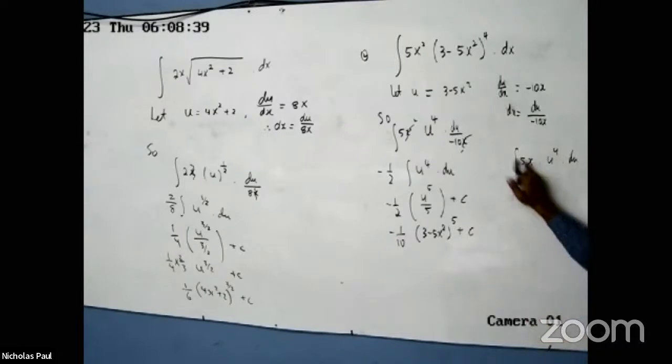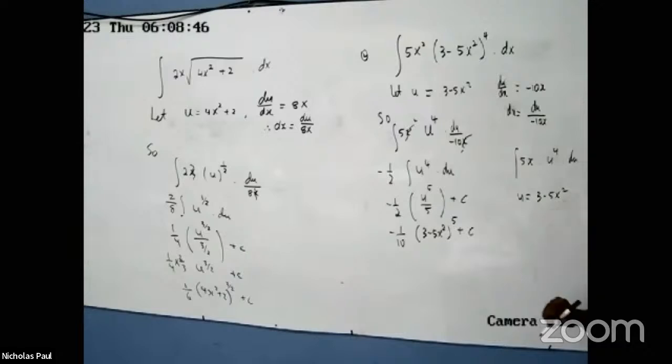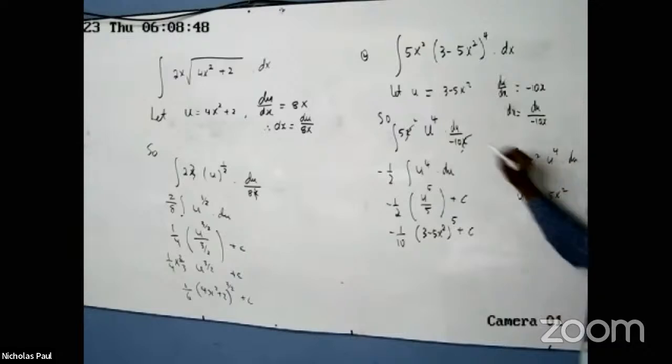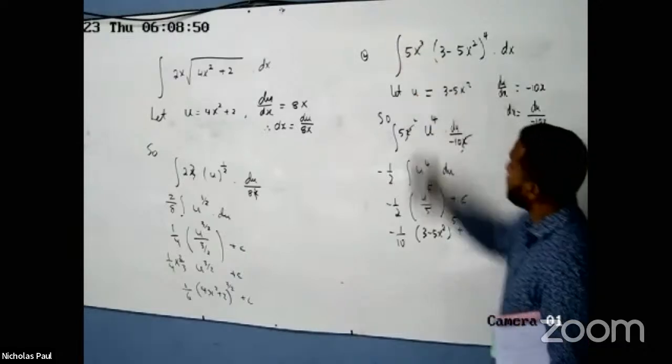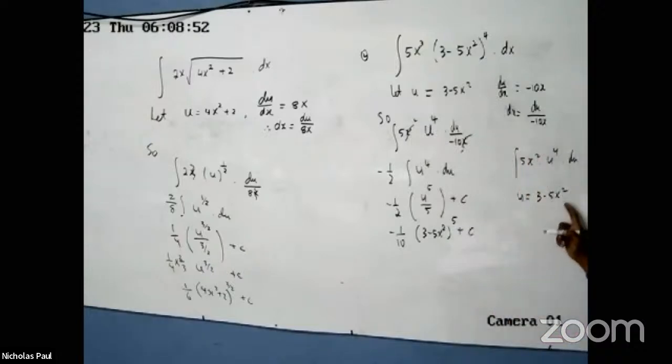So what you just do is come back here and make x squared the subject of the formula. Or 5x squared, anything you want. If I make 5x squared the subject, I'll get 3 minus u. You're seeing that? So now what I can do is substitute this as 3 minus u.